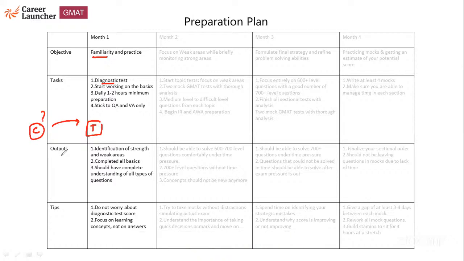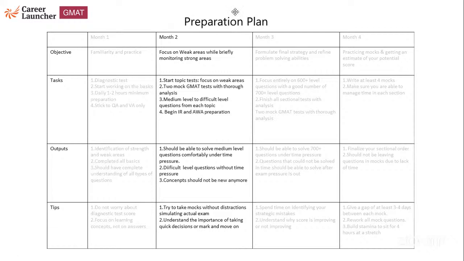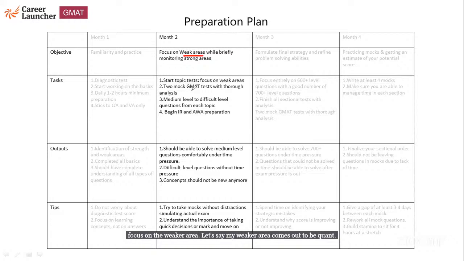It should ideally come from the diagnostic. So give the diagnostic that helps you understand the strengths and weaker areas. Focus on the weaker areas. Let's say my weaker area comes out to be quant. So 60% of my time on quant, 30, 40% on the verbal.